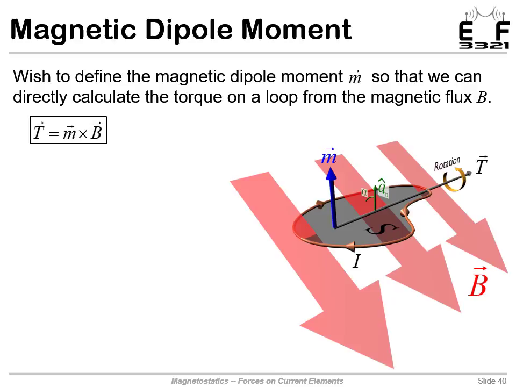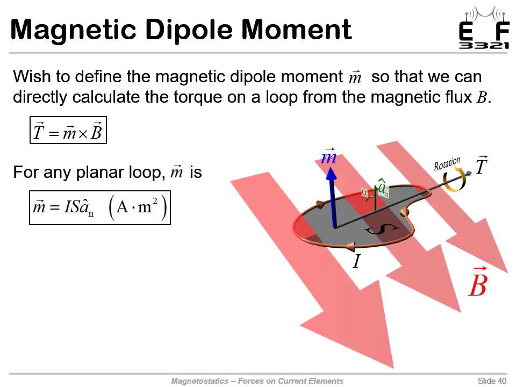And this lumps everything there is about that loop into a single vector. It lumps together everything about that loop that would affect how it rotates in the presence of a magnetic field. Well, what are the things we need to consider about that? Well, how much current the loop is carrying, the cross-sectional area, and the orientation of that loop. This aN is a unit vector perpendicular to the area defined by that loop.